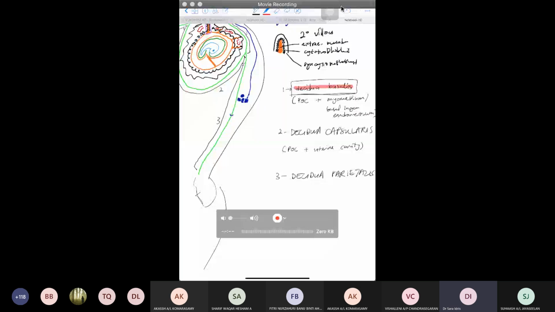Knowing this, you now know that the placenta will develop from both the maternal tissue and the fetal tissue. The contribution from the maternal side is the decidua basalis, which is actually the functional layer of your endometrium underneath here, in between the product of conceptus and the myometrium. So you can see that the endometrium does contribute to the formation of the placenta.